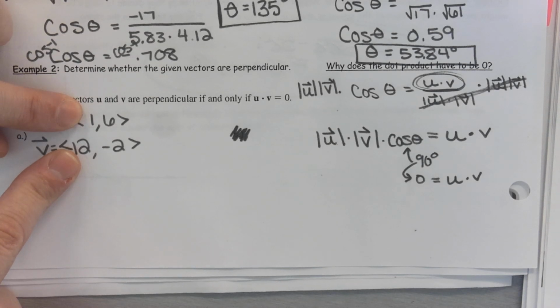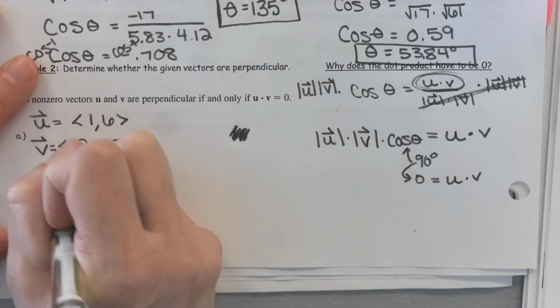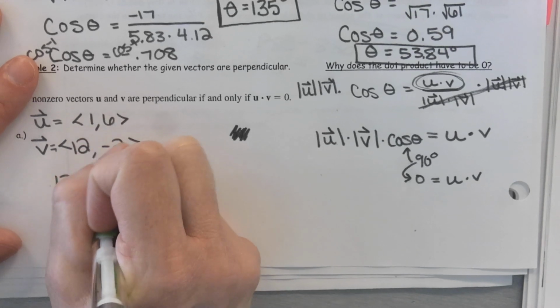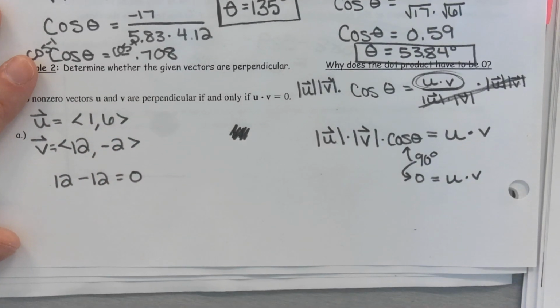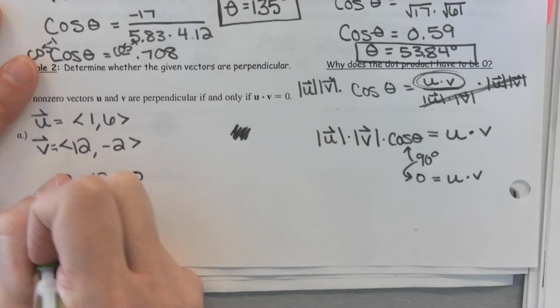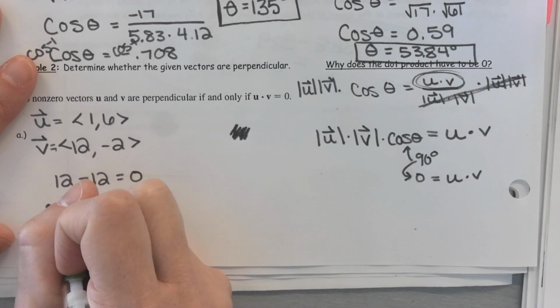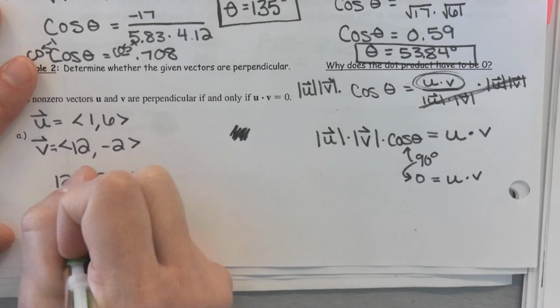Okay, so find the dot product. 12 times 1. Negative 2 times 6. So it gives me 0. Are they perpendicular? Yes. Have you seen the symbol before, the 3 dots? Do you know what it means? Therefore, yep.